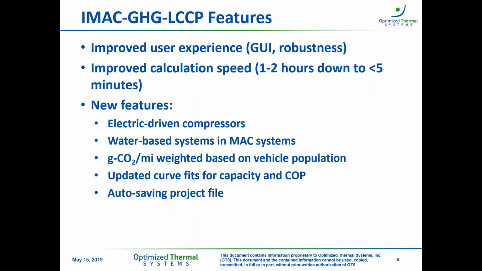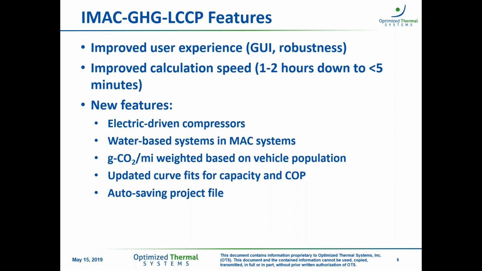So there's interest in developing a new version of the tool with an improved user experience and improved calculation speed. So the new tool has a UI that's more user-friendly, a bit more robust, has some error handling as well, and the calculation speed is improved significantly, from multiple hours down to a few minutes.